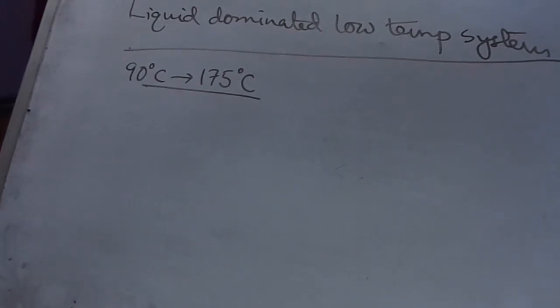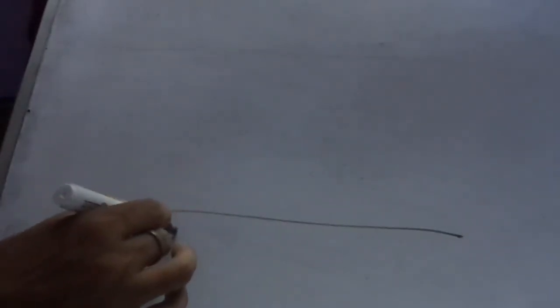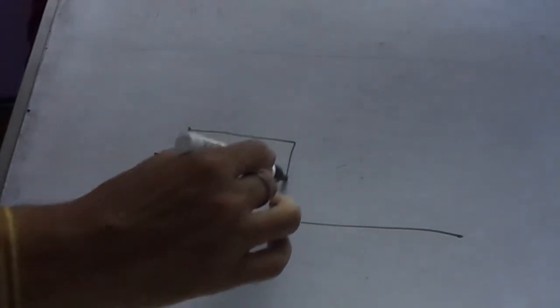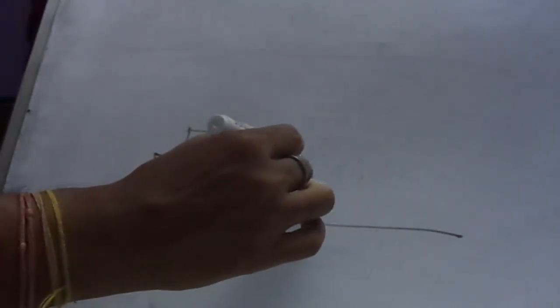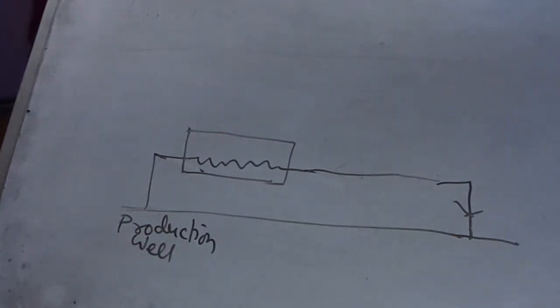Okay, if you draw this binary fluid hydrothermal system, first one is the production well, another production well. This one is the primary heat exchanger.